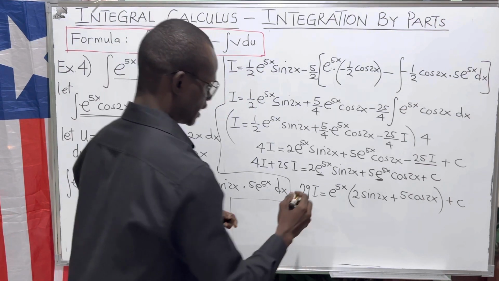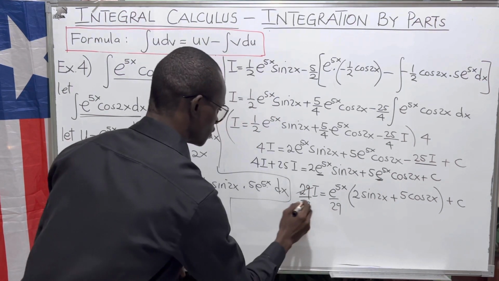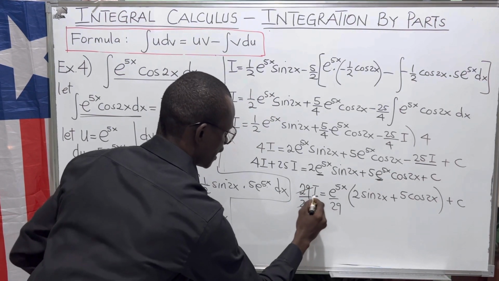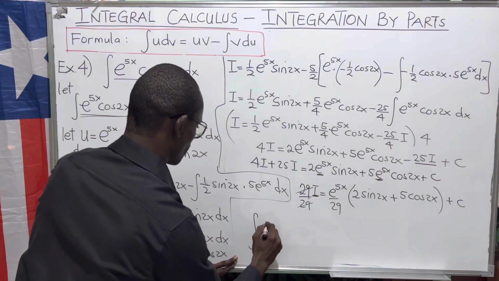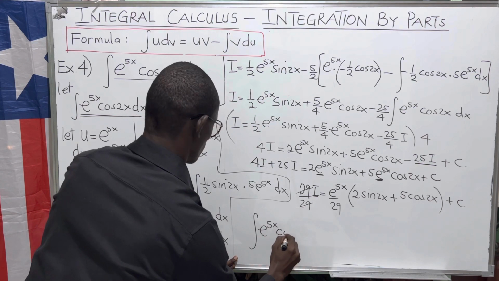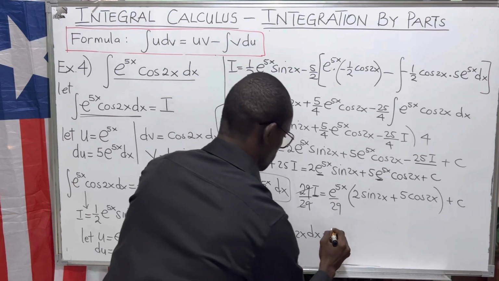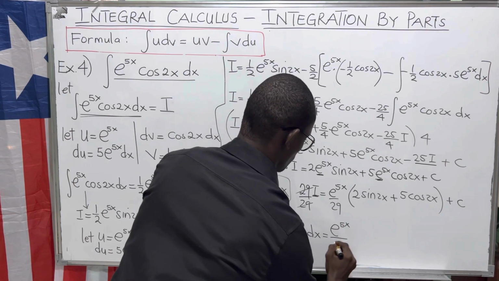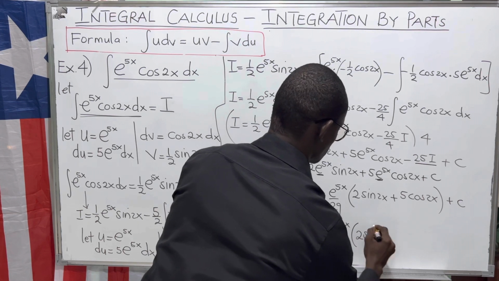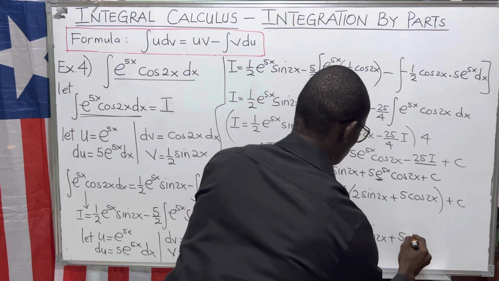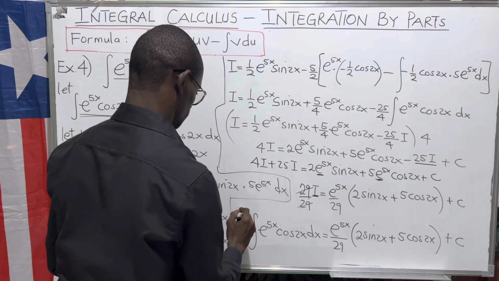Now I can divide both sides by 29, leaving the c out. I know my r is the integral, so I can replace it: the integral of e raised to the power 5x cos of 2x dx is equal to e raised to the power 5x over 29 times 2 sine of 2x plus 5 cos of 2x, plus some arbitrary constant c.